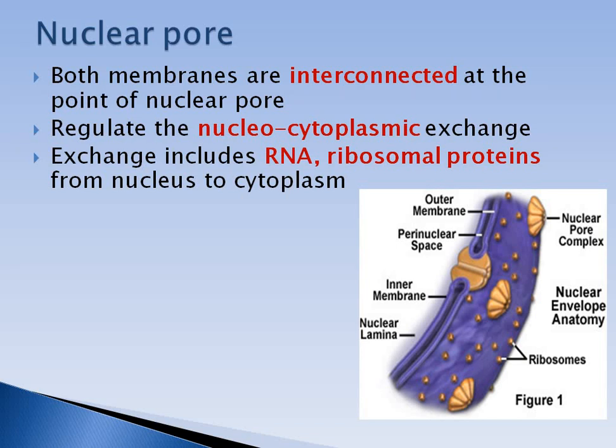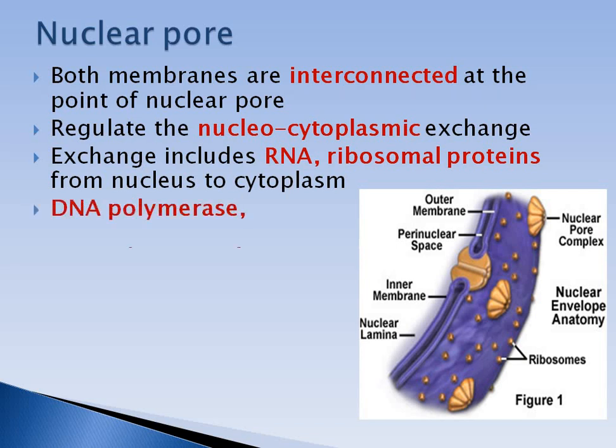So they make up ribosomes, which are then transported from nucleus to the cytoplasm. Same is the case with messenger RNA, which is synthesized from DNA, and then it is transported from the nucleus to the cytoplasm, where they attach to the ribosomes and then translate protein or synthesize protein.